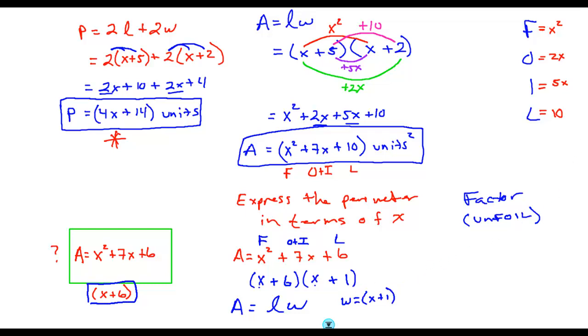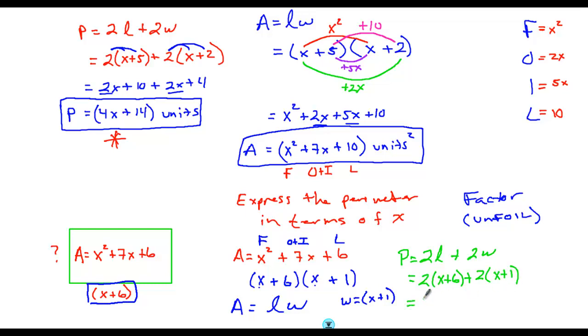So the big finale here is to find the perimeter, which is what they asked us to do in the first place. The perimeter is 2 length plus 2 width, which is 2 times x plus 6 plus 2 times x plus 1.